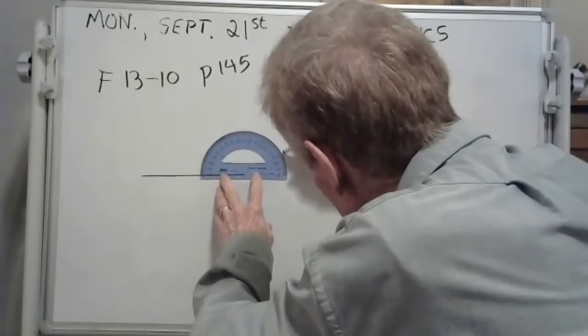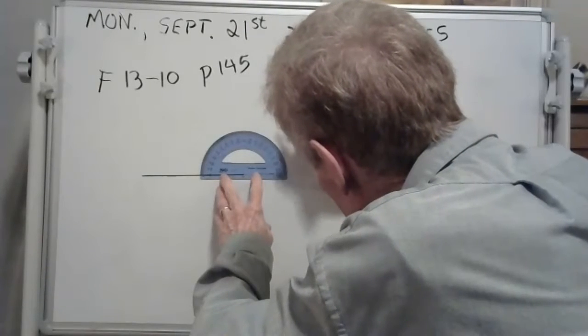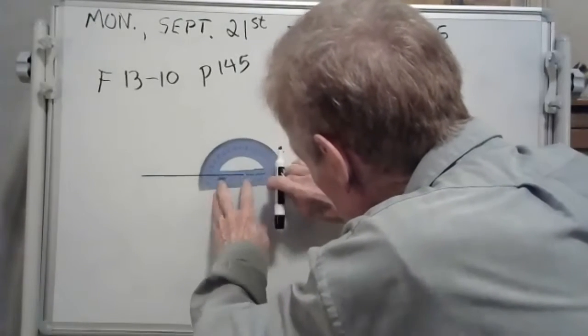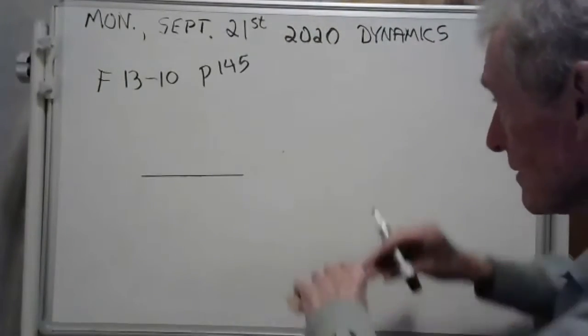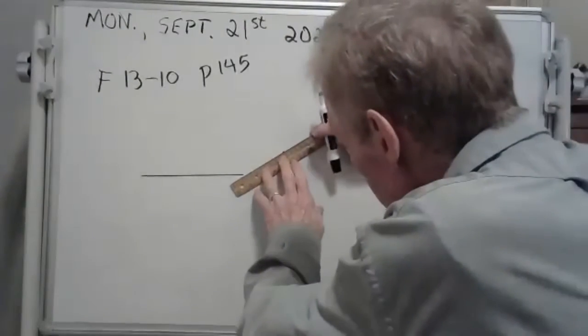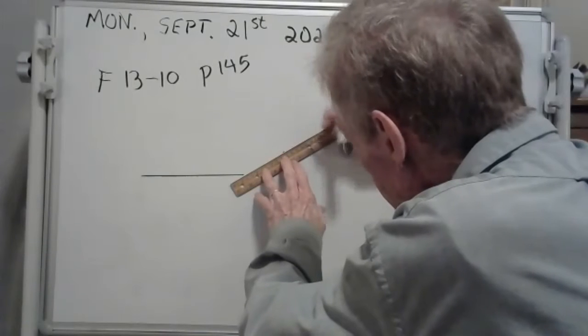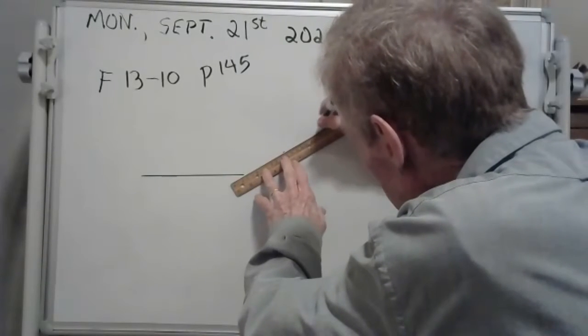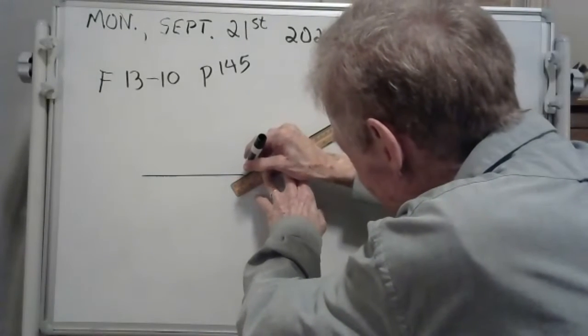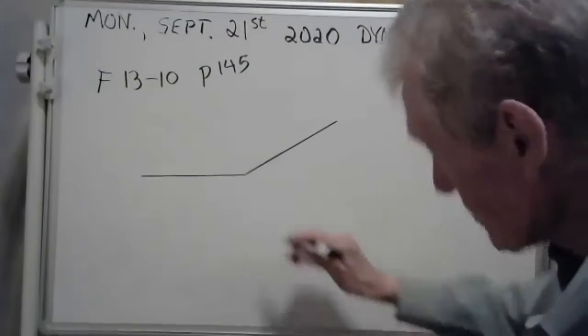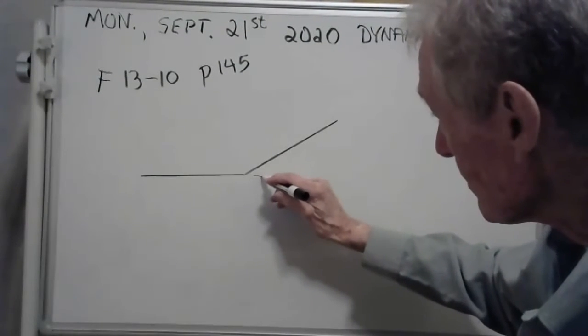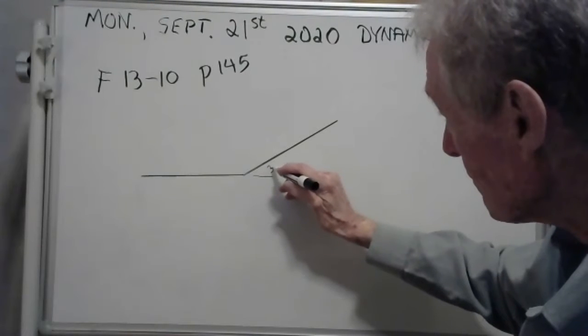Okay, 30 is right here. Do you carefully measure your stuff? You're supposed to. Ta-da. There, see, I actually measured that. There's an angle here of 30 degrees.